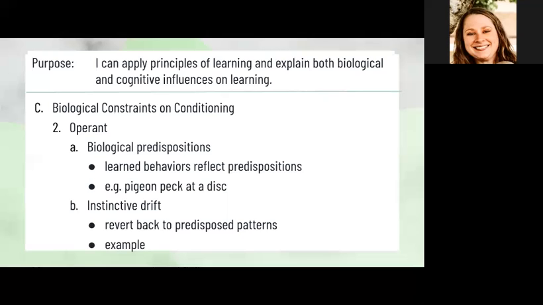So my example here would be the pigeon that was spinning in a circle may go back to pecking at a disc. I know in the book it talks about pigs learning to pick up these wooden coins and put them in a box in order to get food, and they drift back to just pushing it around with their snout. Because that's how they eat, apparently.